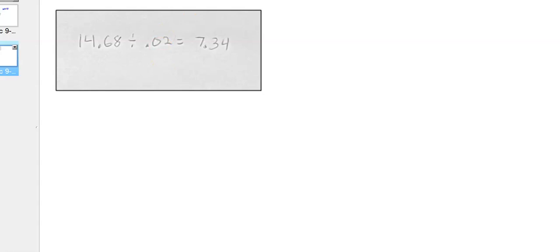Okay, so let's look at our next problem together. Do you see an error? So I want you to think about this problem. As you're thinking about it, think about how my understanding of division, this is division this time, and I'm thinking about estimation, and is this student correct?